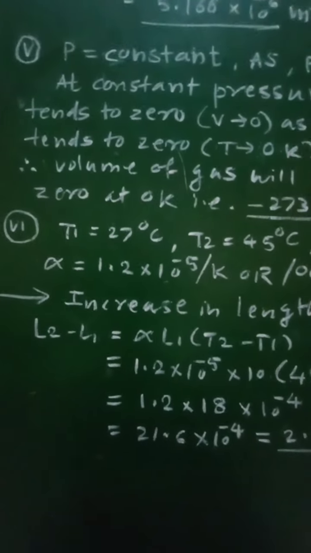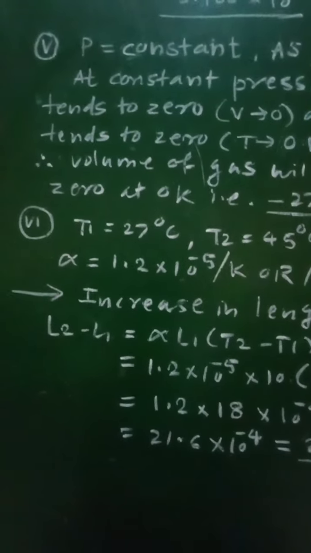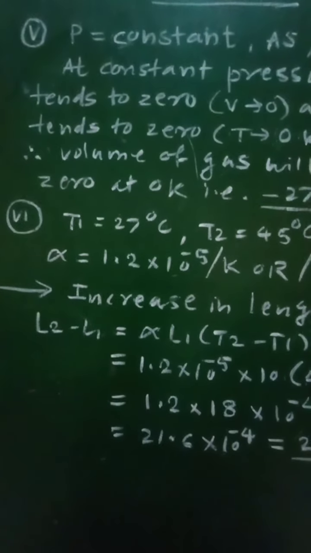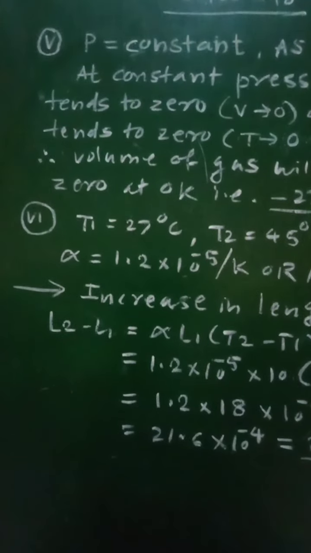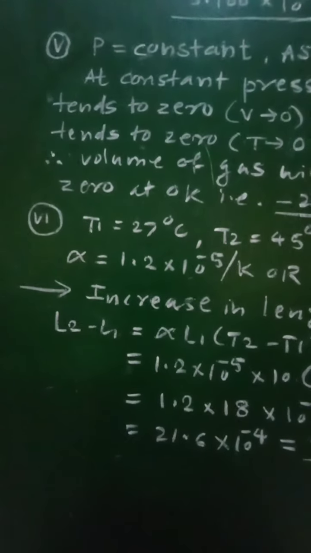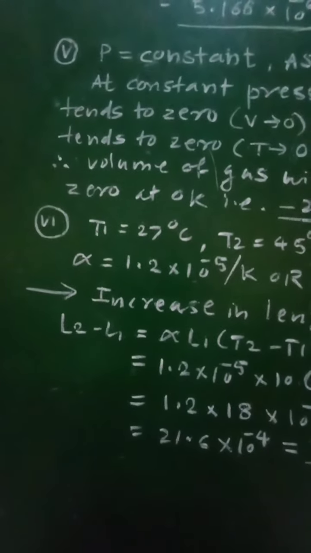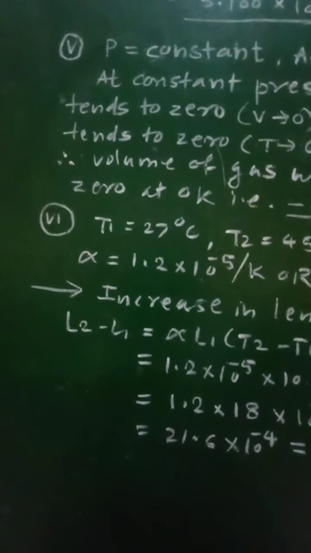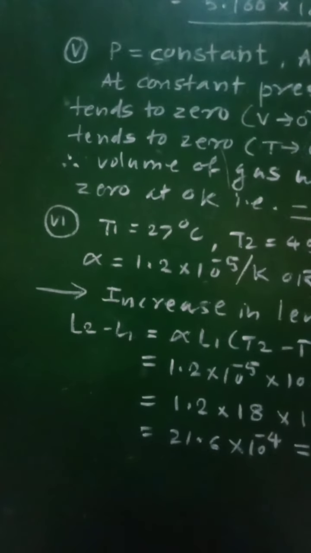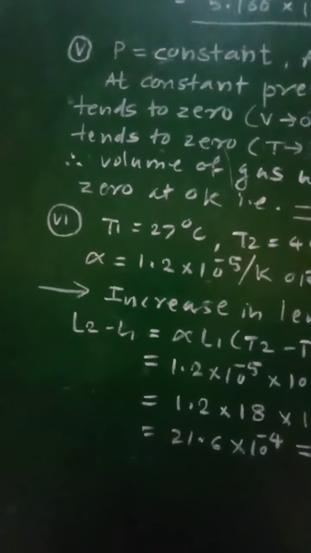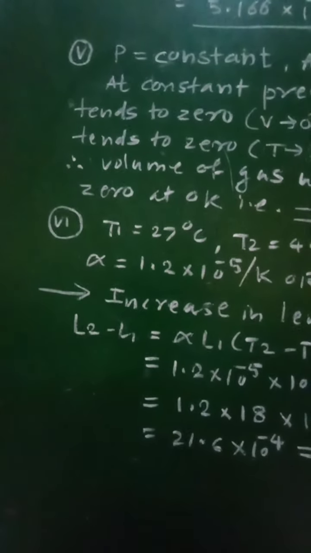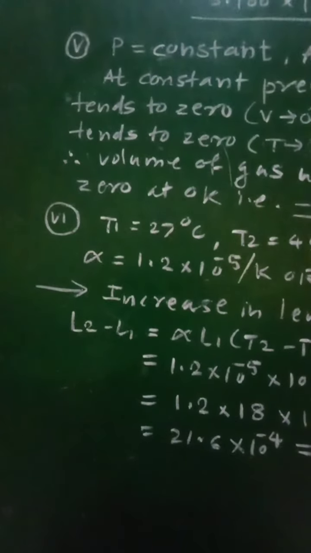Now let us see the next numerical, that is numerical number 6. In olden days, while laying the rails for trains, small gaps used to be left between the rail sections to allow for thermal expansion. Suppose the rails are laid at room temperature 27 degrees Celsius.